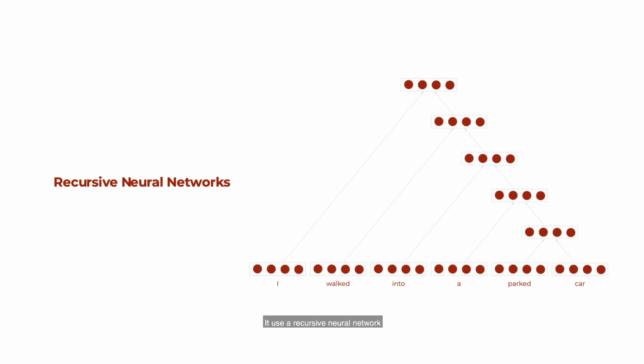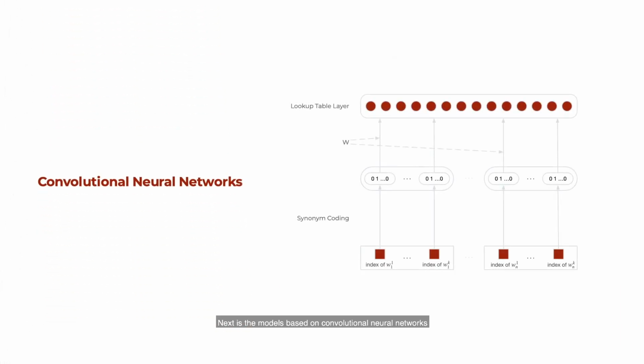It uses a recursive neural network to model the grammatical analysis tree of the sentence, construct a specific binary tree, and then parse all adjacent child nodes on the tree, then combine them into a parent node in a specific semantic order. Next is the model based on convolutional neural networks.